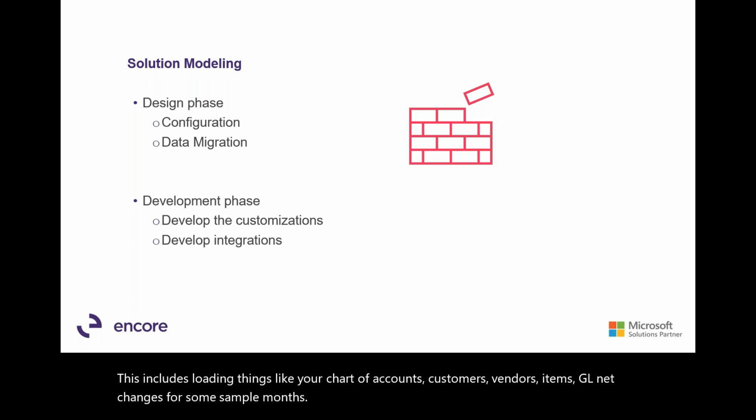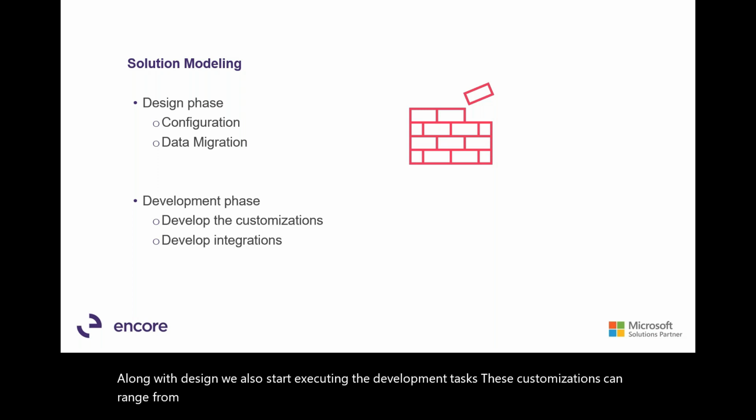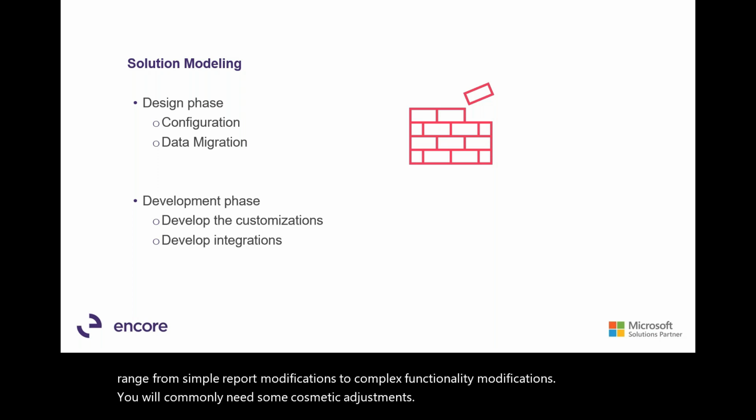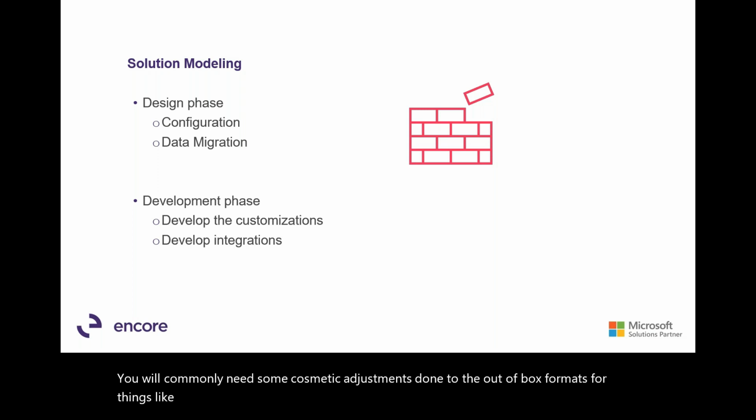Along with design, we also start executing the development tasks. These customizations can range from simple report modifications to complex functionality modifications. You will commonly need some cosmetic adjustments done to the out-of-box formats for things like checks, sales invoices, perhaps even purchase orders.